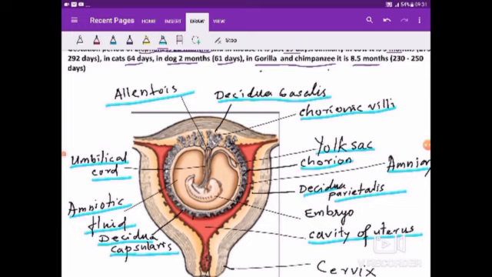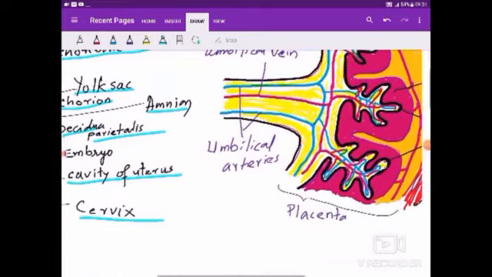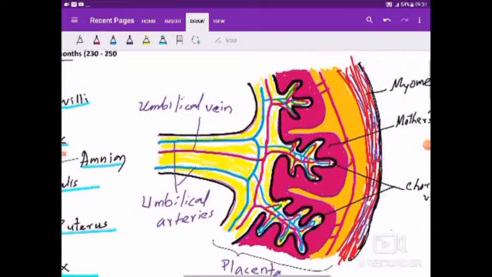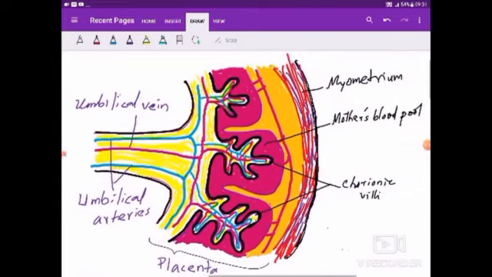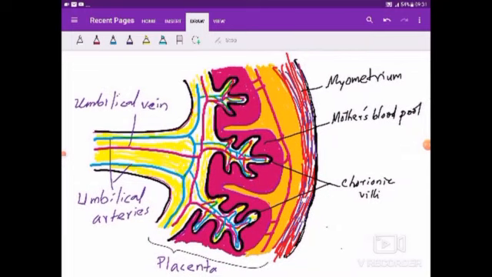Now let us look into the structure of placenta a little bit in detail. Now look at this diagram. The umbilical cord showing here, part of the umbilical cord is showing that there is one umbilical vein and two umbilical arteries.